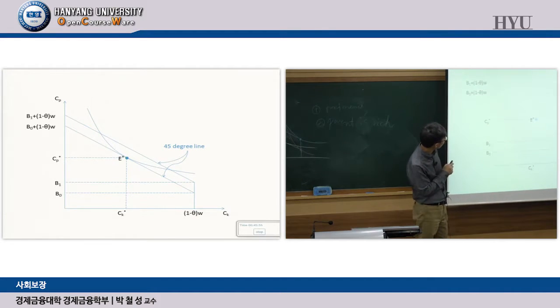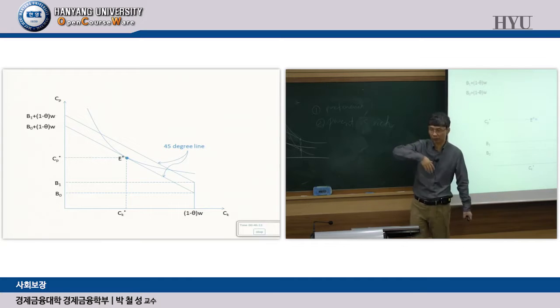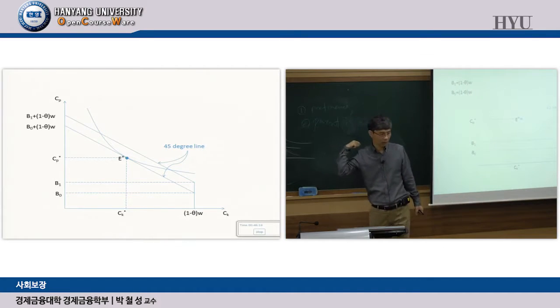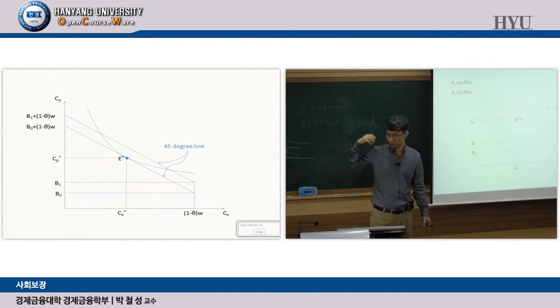Then you see this budget line will just shift up. Okay? I just wrote this 45-degree line, which means that in this case there is no rate of return or anything. This is just a transfer. Okay, so it's a contemporaneous transfer. So I give $1 of my money to my parents.